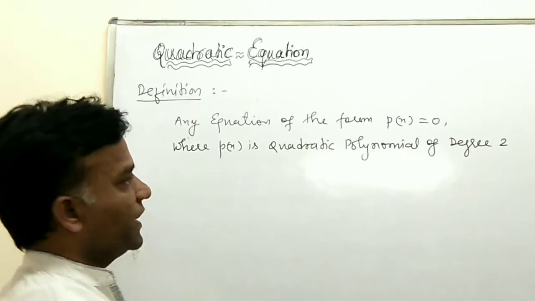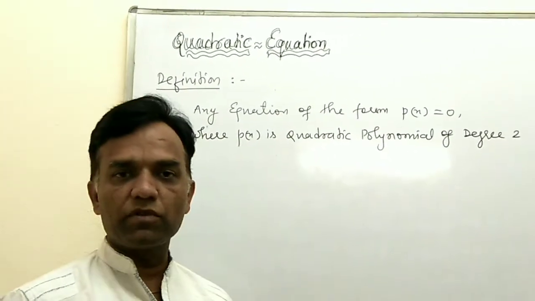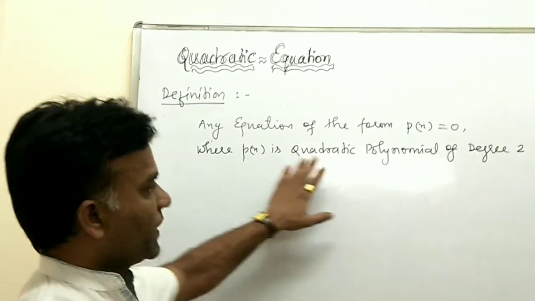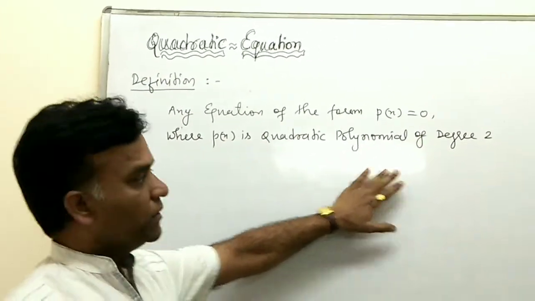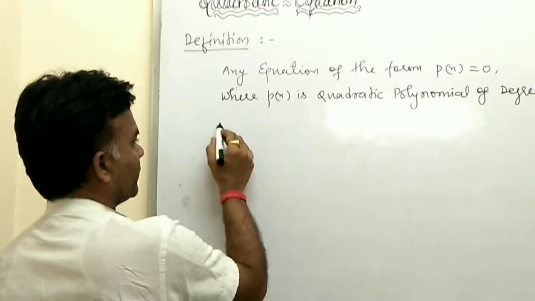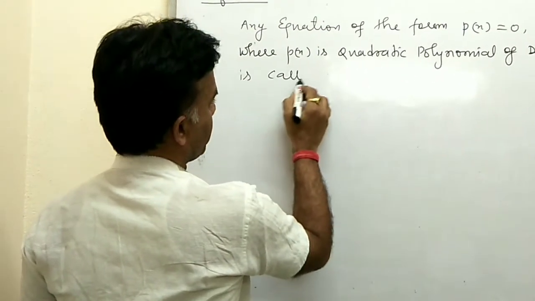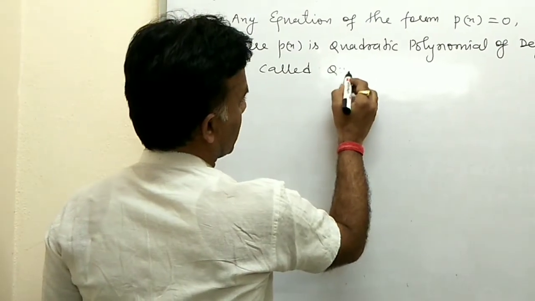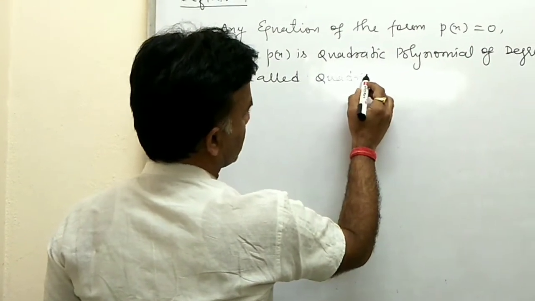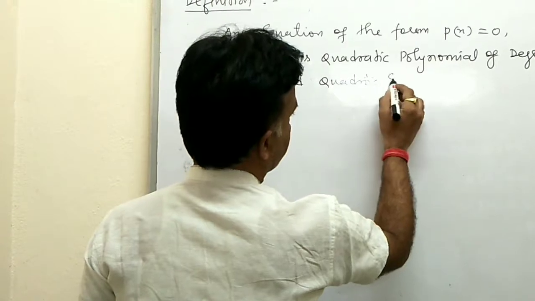Okay, so any equation of the form p of x equal to 0, where p of x is a quadratic polynomial of degree 2, is called a quadratic equation.